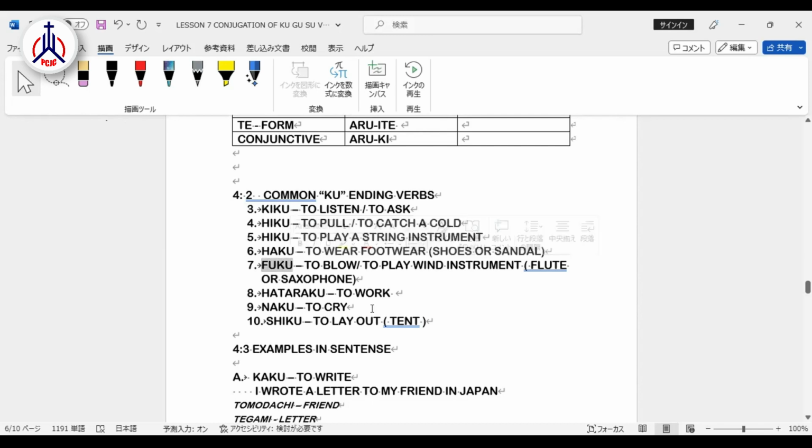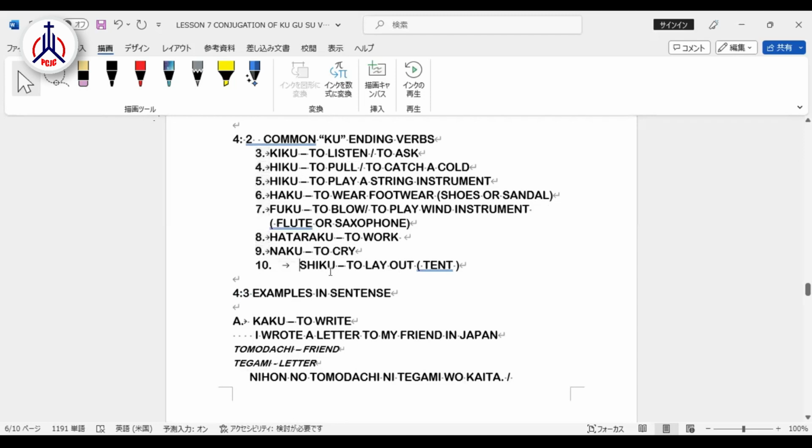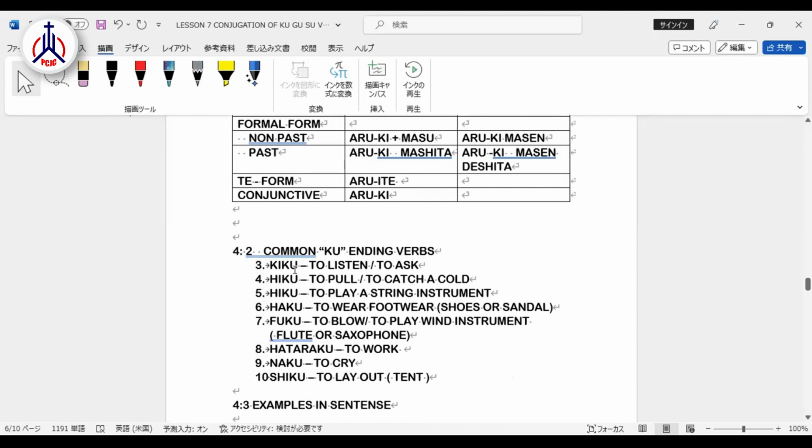Fuku means to blow in the wind or to play a wind instrument like flute or saxophone. Number 8 is hataraku, means to work. Number 9 is naku, means to cry. And then shiku means to lay out a tent. Okay, so these are additional 7 words.